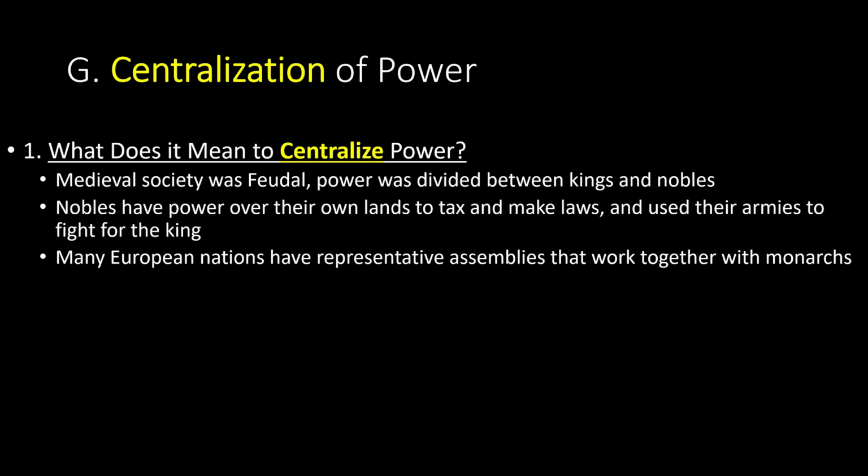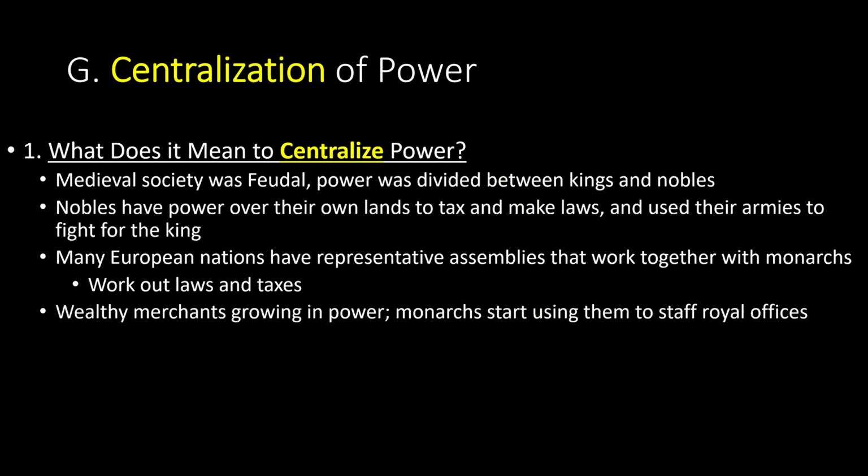In France, they have this thing that's called the Estates General, which is made up of representatives from all different parts of society, representatives of the nobles, the middle classes, the lower classes and the church. They all get together and talk things out. In Spain, they're going to have their meetings called the Cortes. But bottom line is, all of these areas have these representative governments where nobles and kings share power. But that is finna change.